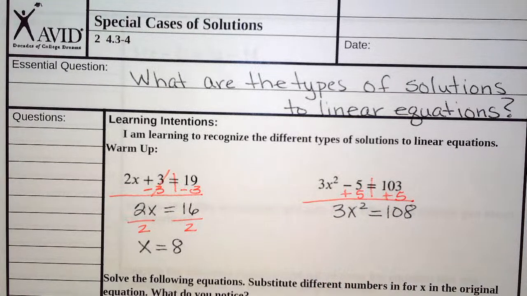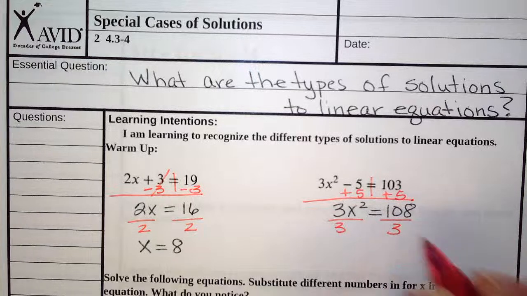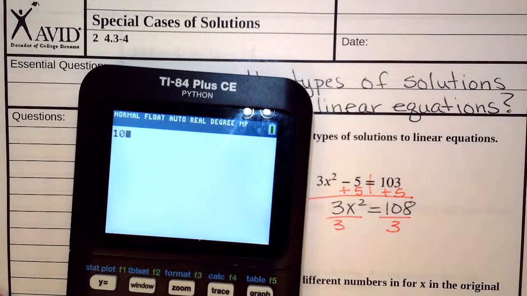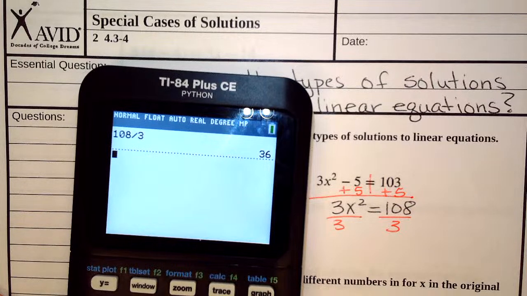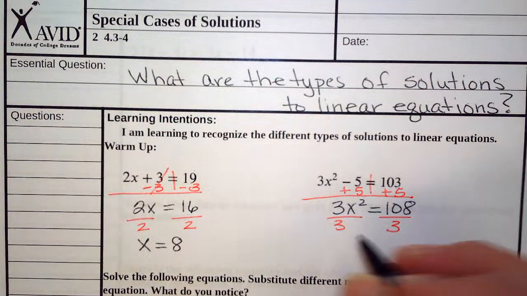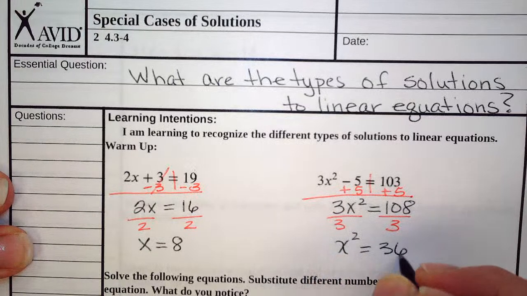What do I do next? If you said divide by 3, you would be correct. 108 divided by 3 is 36. So, x squared is equal to 36.